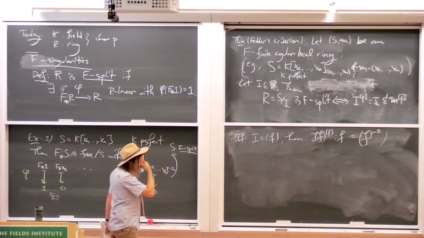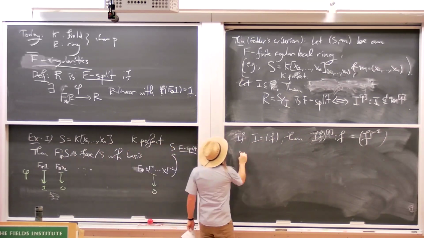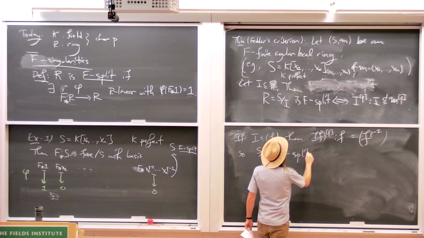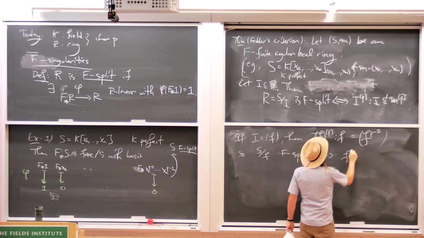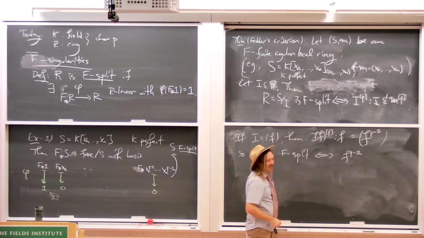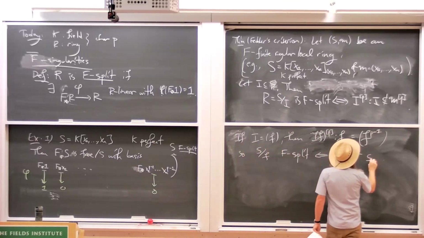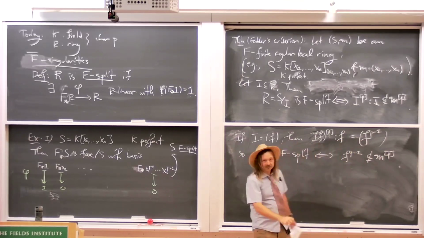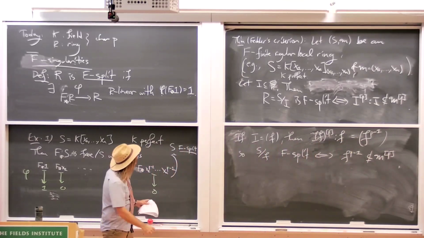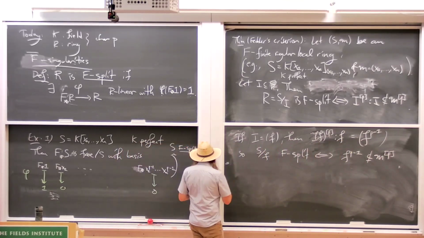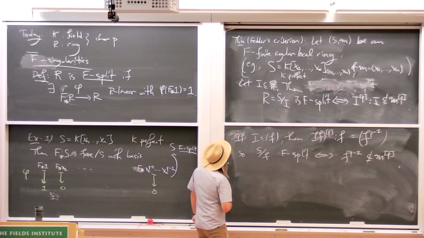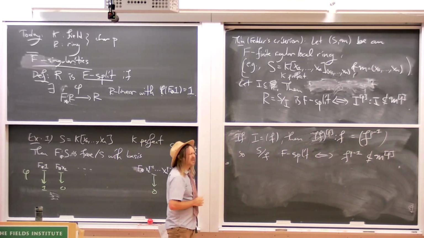Right, then this colon ideal is also principal, and I just need the generator to stay out. Okay. Good.